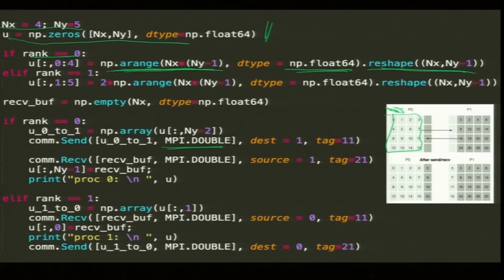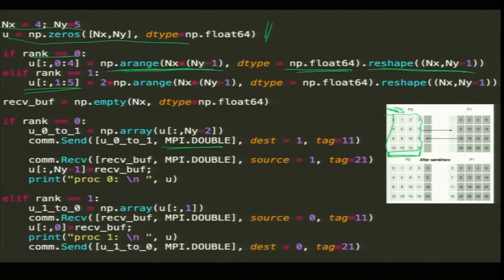For rank 0, there is no problem, 0 to 15 done. For rank 1, I think I am making a mistake. Rank 0 is columns 0 to 3.